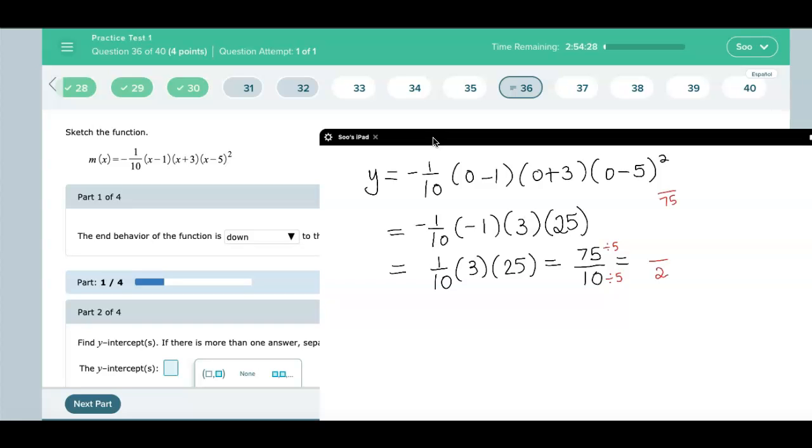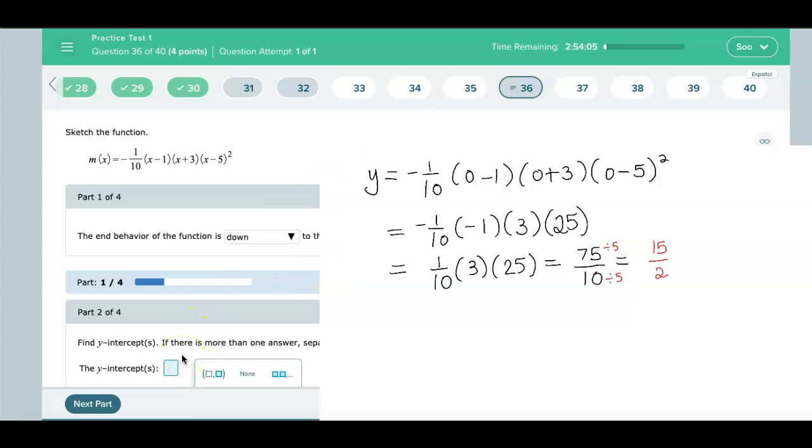And how many times is 5 going into 75? 15 times, okay. So the reduced fraction is 15 over 2, which means my y-intercept is 15 over 2.